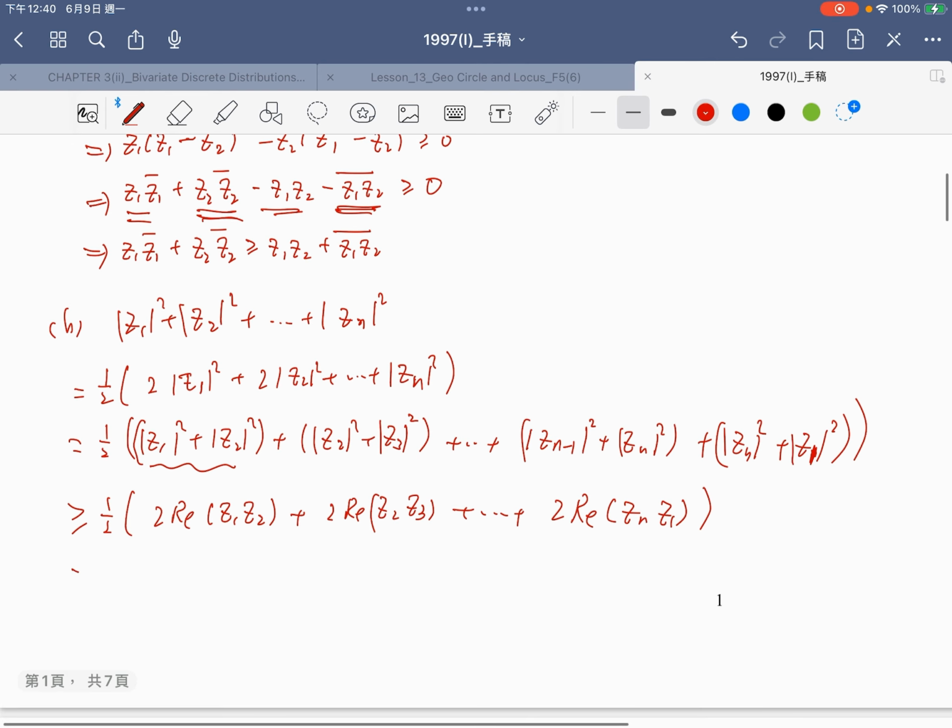As the real part operator can be factorized outside, and also the 2 can be cancelled with the denominator 2, we take the real part outside. Then we got our result.